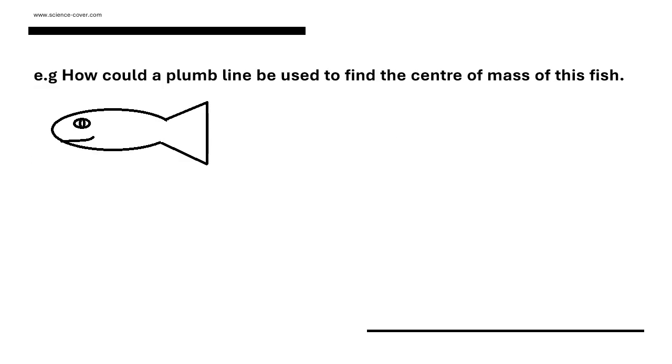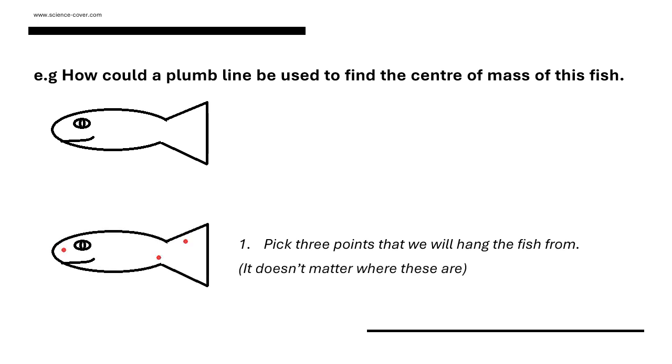Let's look at an example of how we could use a plumb line. How can a plumb line be used to find the centre of mass for this fish? The first thing to do is to pick 3 points that we will hang the fish from. It doesn't matter where these points are.